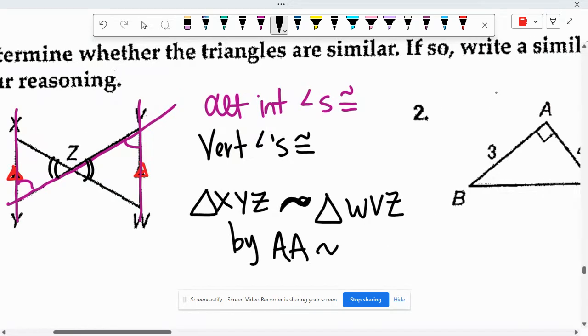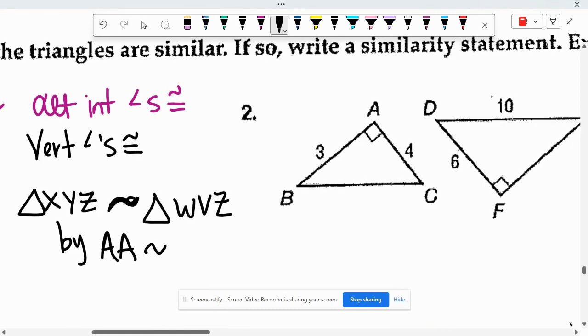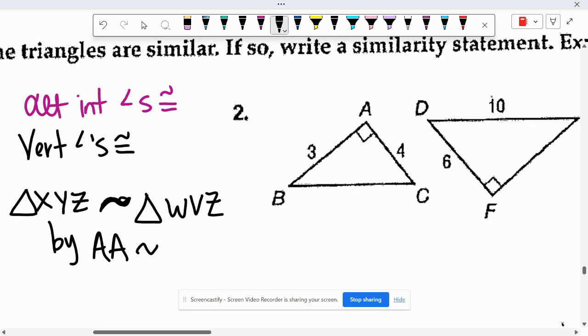I'm going to go to number 2. So what kind of triangles are the two triangles in question number 2? They're right triangles. Okay. So notice that I don't know the hypotenuse on triangle ABC, but I do know the measurement of the hypotenuse on triangle EFD.